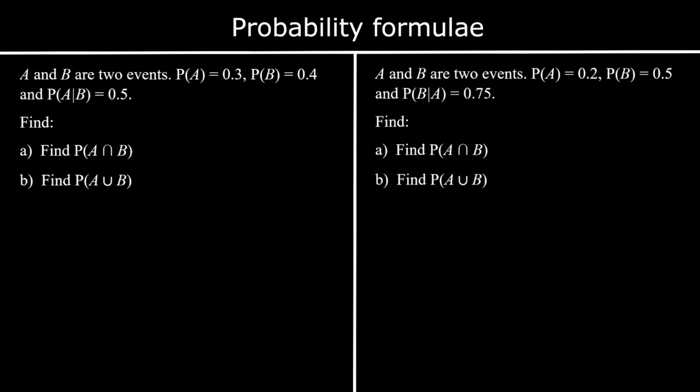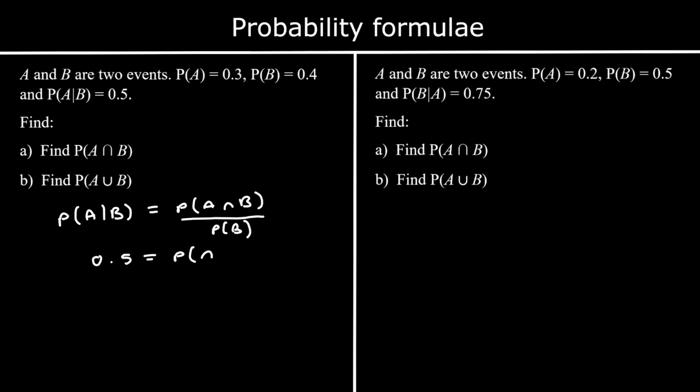So the first question, we've got A and B are two events. The probability of A is 0.3, the probability of B is 0.4, and the probability of A given B is 0.5. Find the probability of A and B, the intersection of A and B. So if we use our given formula, the probability of A given B is the probability of the intersection of A and B divided by what's given, the probability of B. And we know the probability of A given B is 0.5.